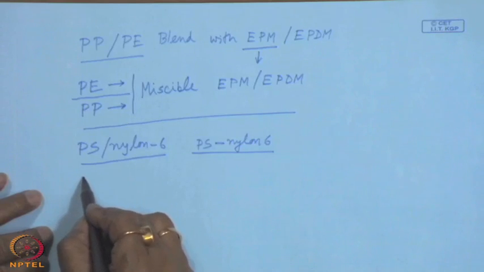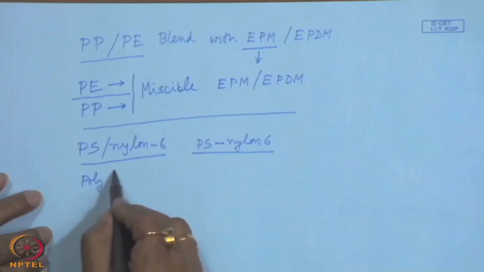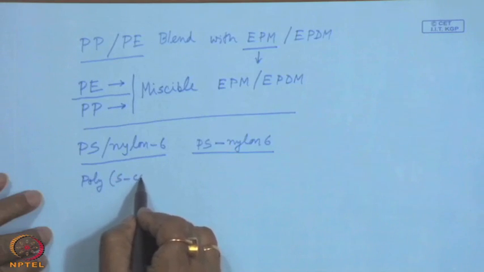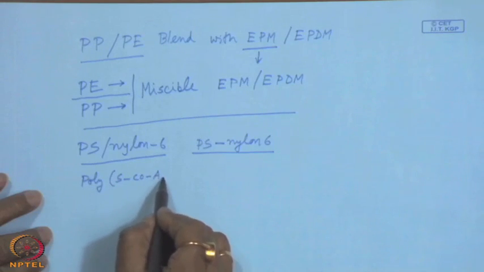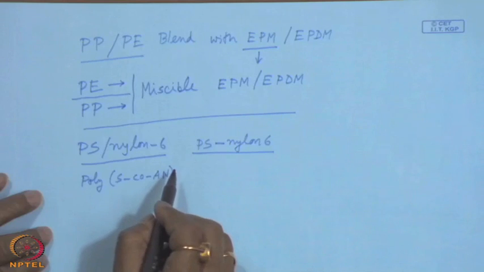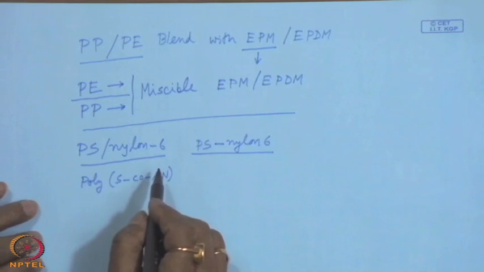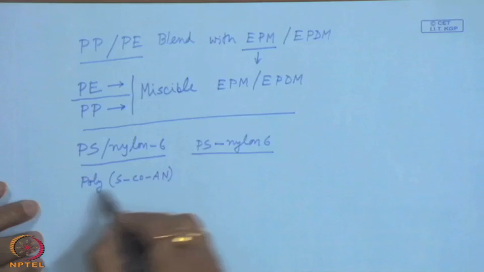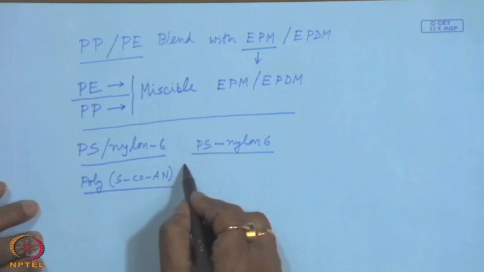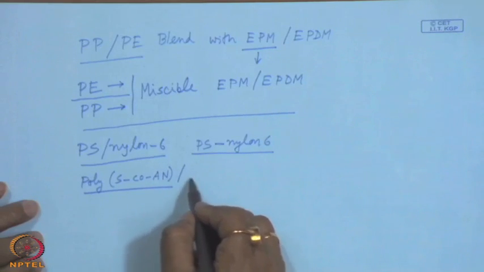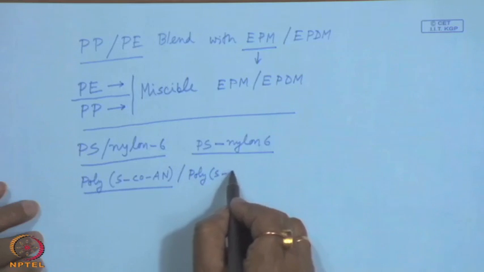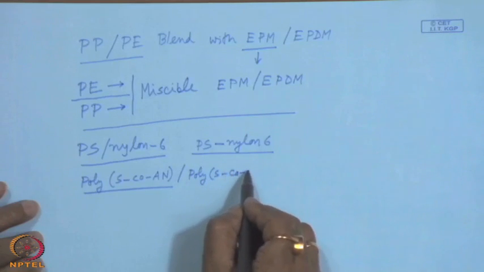Another example is polystyrene copolymer with acrylonitrile, styrene acrylonitrile copolymer. That is one component polymer. Another component polymer is polystyrene copolymer with butadiene.